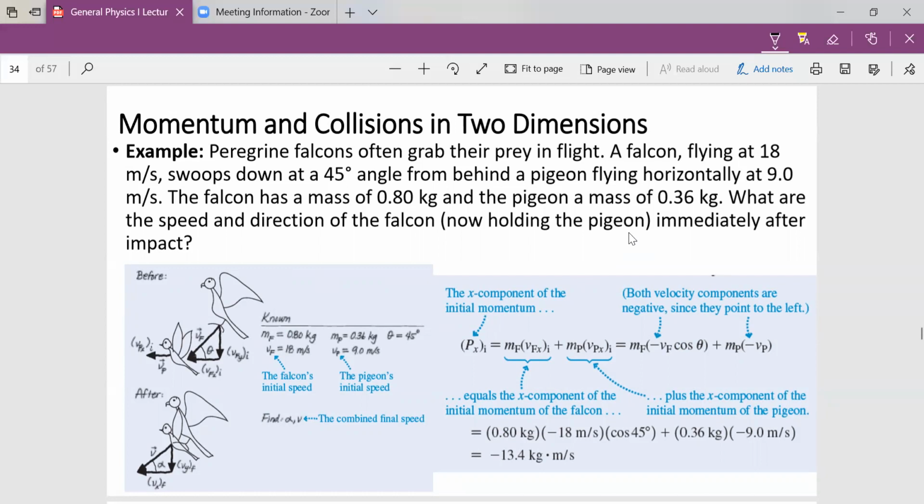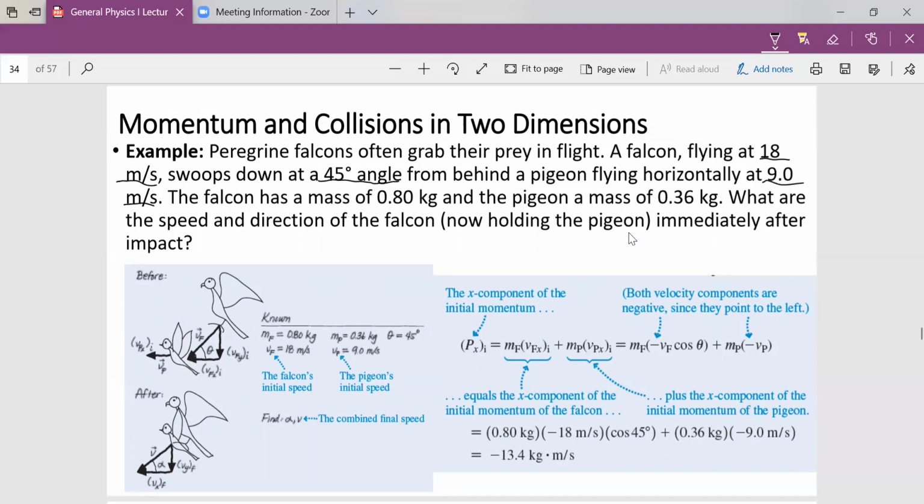Okay. So let's take this example of the peregrine falcon. The peregrine falcon is a kind of bird that goes after prey in motion. It often grabs its prey in flight. So a falcon flying with a speed of 18 meters per second swoops down at an angle of 45 degrees from behind a pigeon flying horizontally at a speed of 9 meters per second.